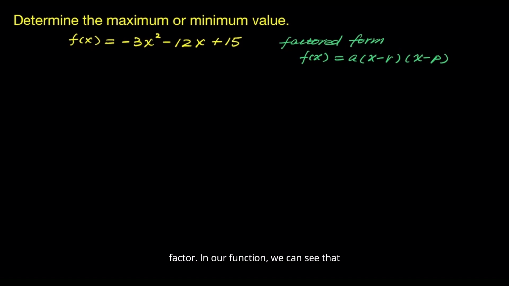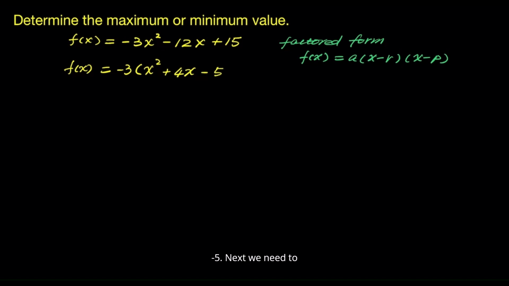In our function, we can see that negative 3 is the common factor. So let's factor it out. We'll get f(x) equals negative 3 times (x squared, and negative 12x divided by negative 3 is 4x. 15 divided by negative 3 is negative 5).